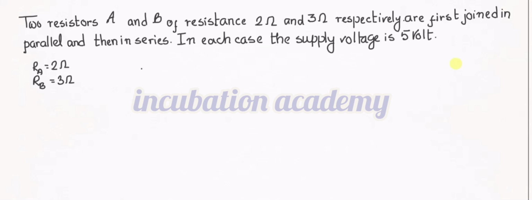So this is my RA, and another resistor RB is here. We know that if two resistances are connected in series, then obviously the same current flows through them.